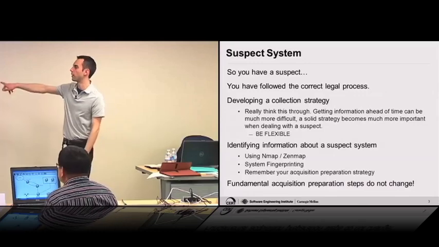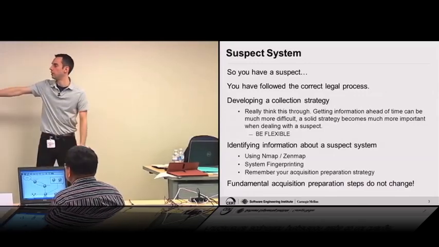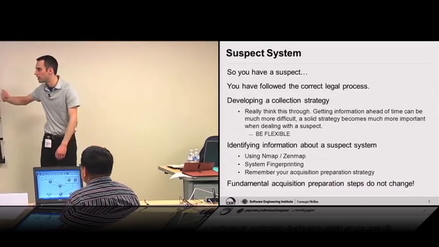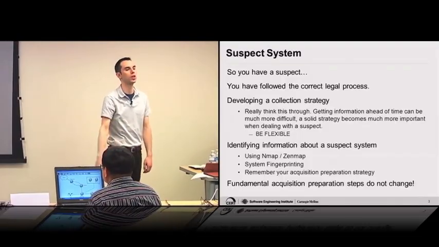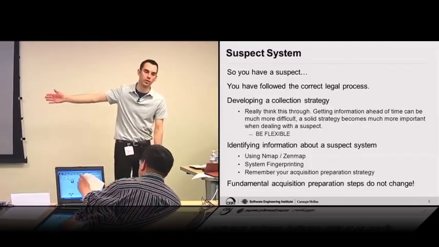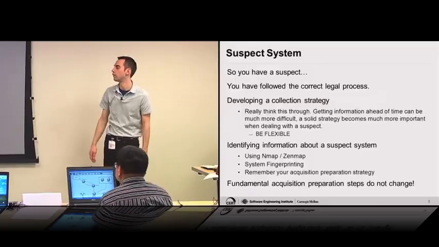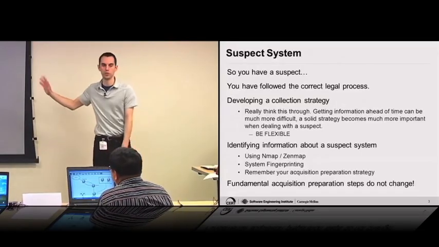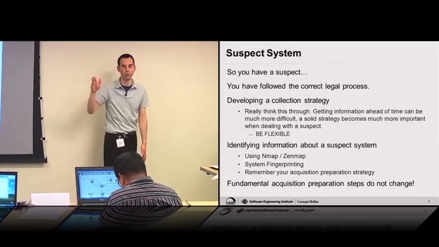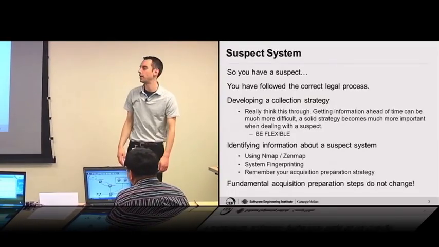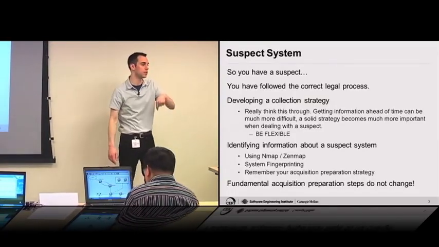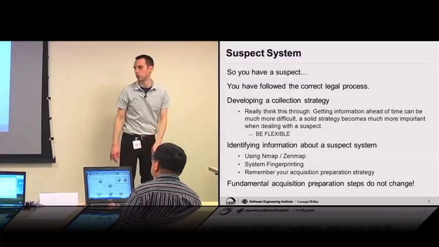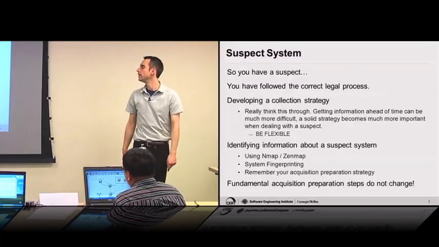One of the ways that we're going to talk about is identifying information about the suspect system. We're going to use an application called Nmap, and in our case we're going to use the GUI interface for it. It allows you to do some system fingerprinting or footprinting. It's basically us scanning the suspect system to get an idea of what it actually is and what it's doing.